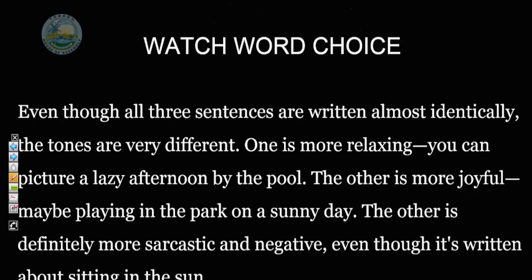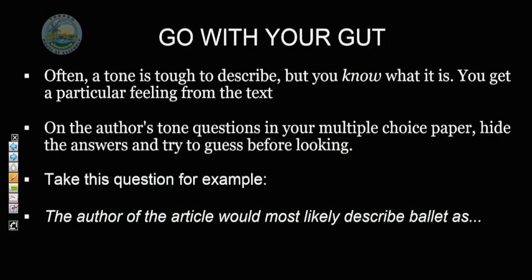The second one is a bit more joyful, playing in the park on a sunny day. The third one is definitely more sarcastic and a bit more negative, even though it is written about sitting in the sun. All three, we could safely say they're talking about the same thing, but because of the word choice, in all three cases, the tones would vary.